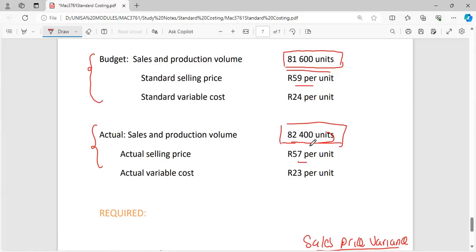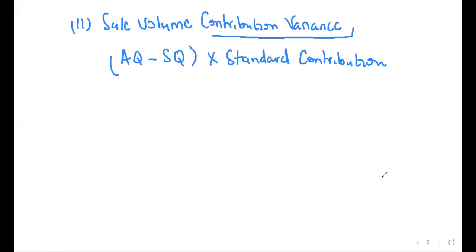So it's going to be 82,400 and 81,600. 81,600 is the budget, and this one is the actual. So which means our actual quantity is 82,400 minus our budget of 81,600.